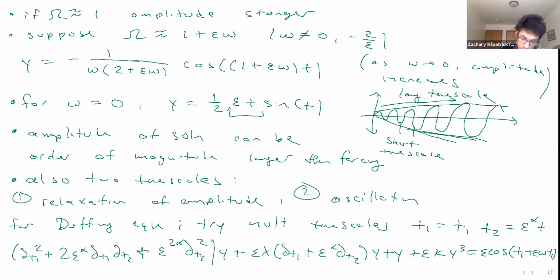Squeeze that in there. And then of course we need to perturbatively expand y as well. And we expect that near the resonant frequency, we should get some high amplitude solution.